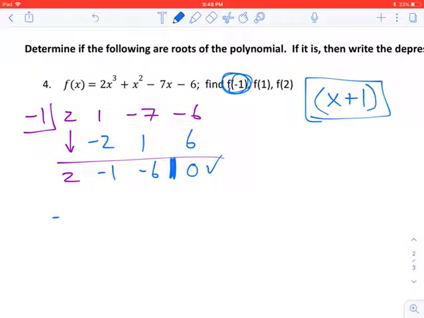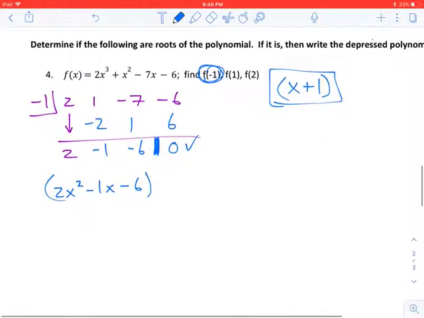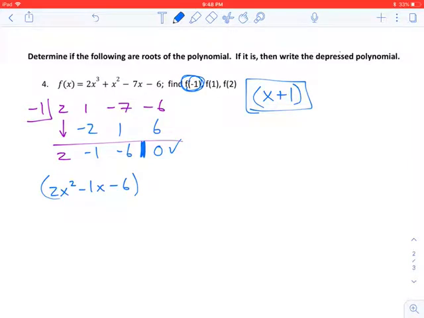So that's one of my factors that I'm going to use. And what I have left is 2x squared minus 1x minus 6. That's the new polynomial that I have. It's been depressed from 3 to 2 as the biggest power. Third power here, depressed to 2 power here. And so the next one I use is 1.